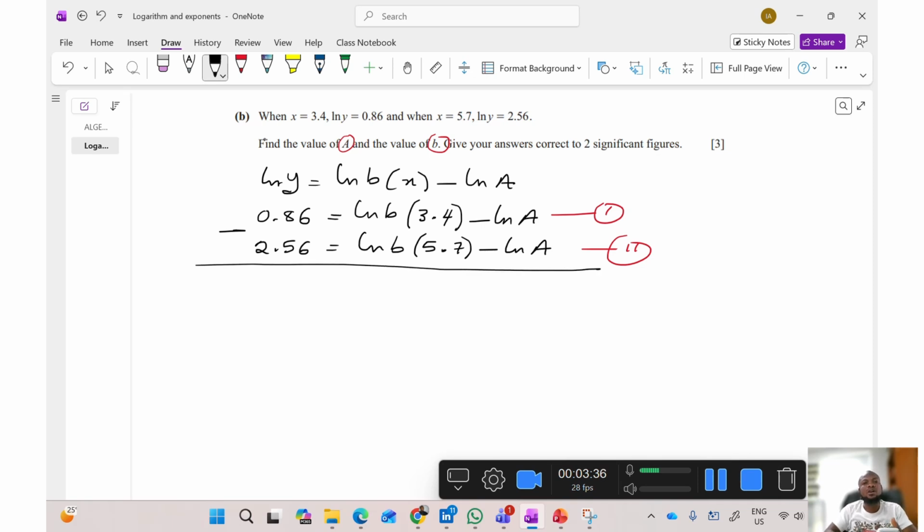To use this, we subtract 0.86 minus 2.56, and this is minus 1.7.